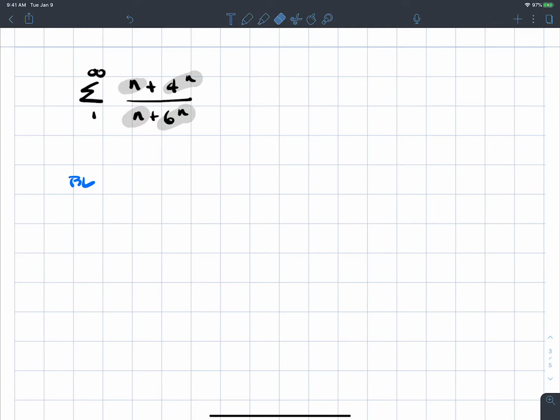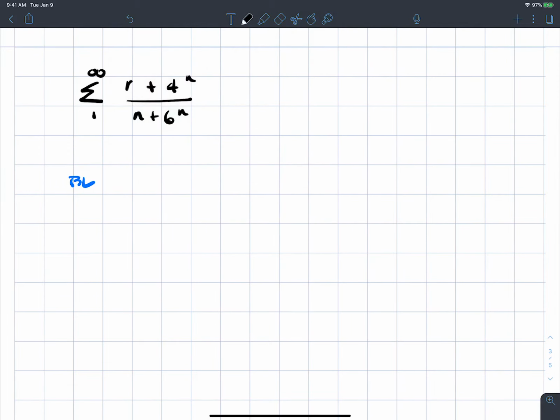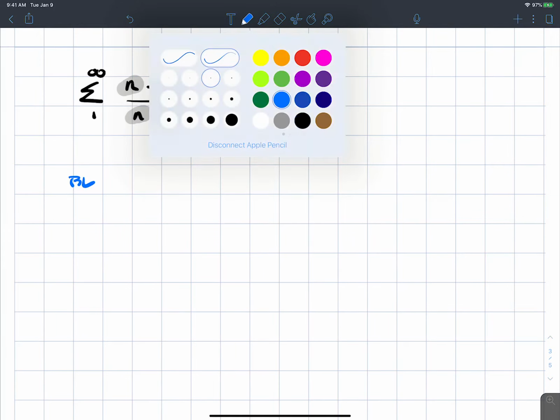So n just gets big in a linear way, and the exponentials get big in an exponential way, and there's nothing faster than exponential growth. So the less dominant terms here are the n's. So you're going to remove the less dominant terms.